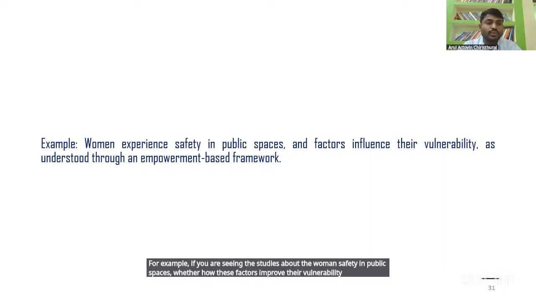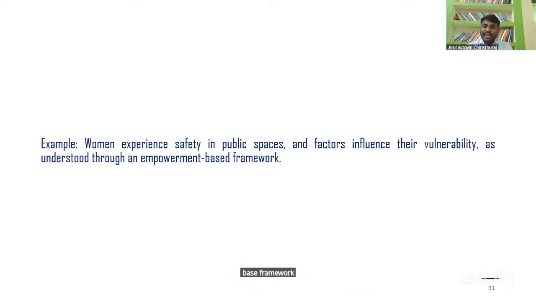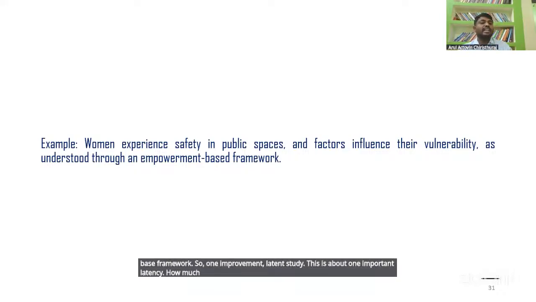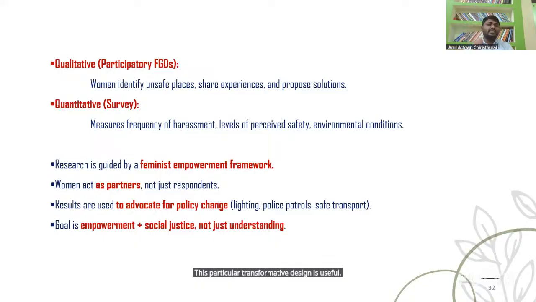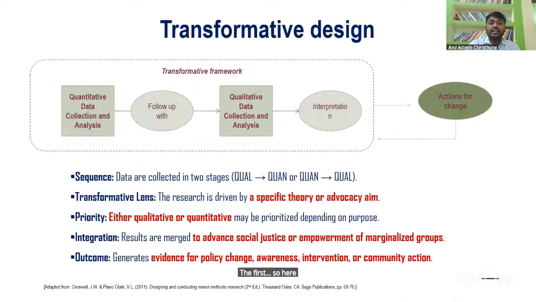This is a women empowerment study: how much safety women experience in public spaces. So in that case, how is this transformative design useful? Here you just see, I mentioned quantitative, but that doesn't mean the sequence.